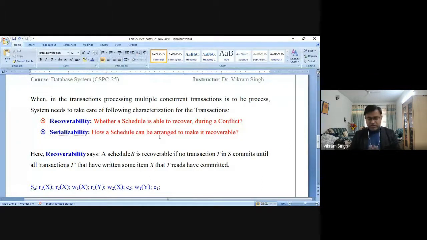The DBMS system is using these two characteristics, based on which the very first step is to identify that this transaction or this schedule needs a recovery algorithm, and this particular schedule requires rollback, or maybe a rollback system to be used, right? So the DBMS system has this tendency to identify what is the nature of the transaction, what is the nature of the schedule, right? That is the first step.